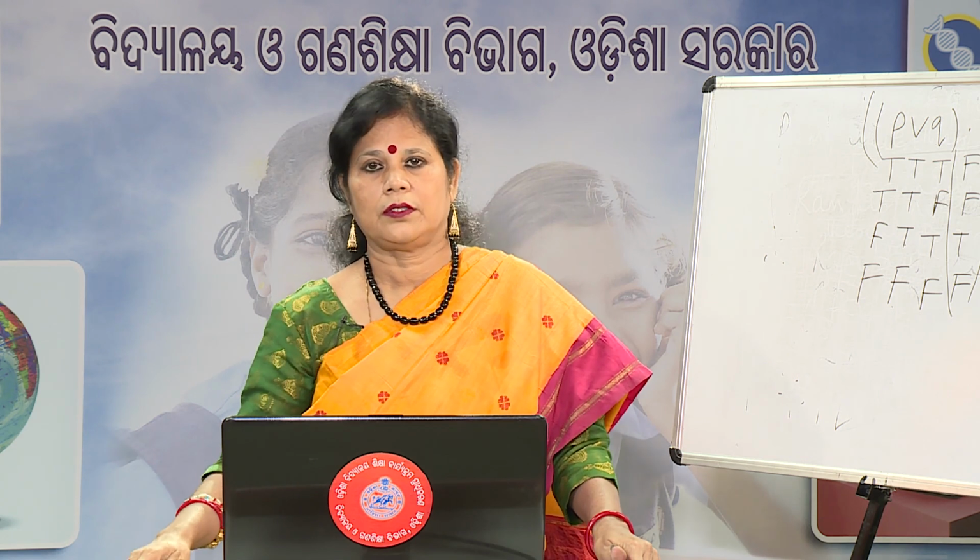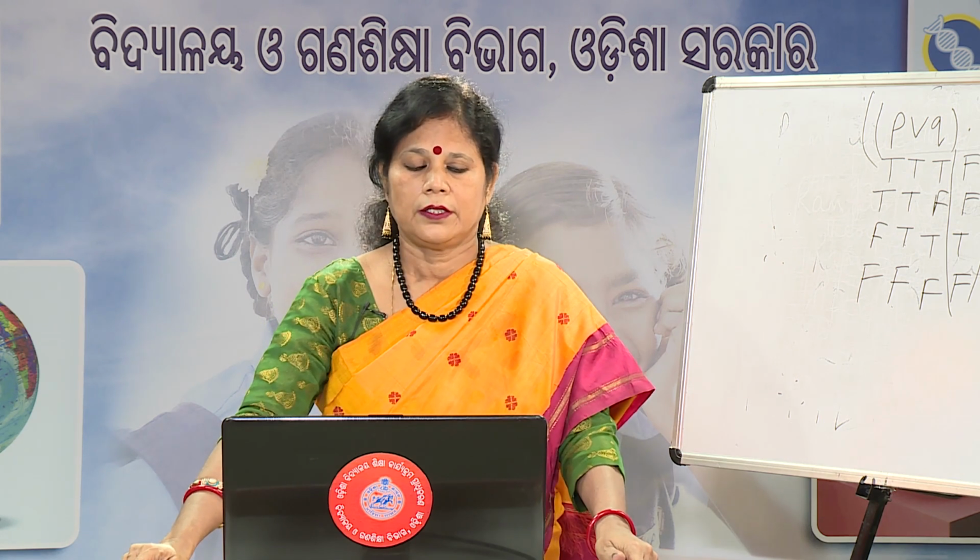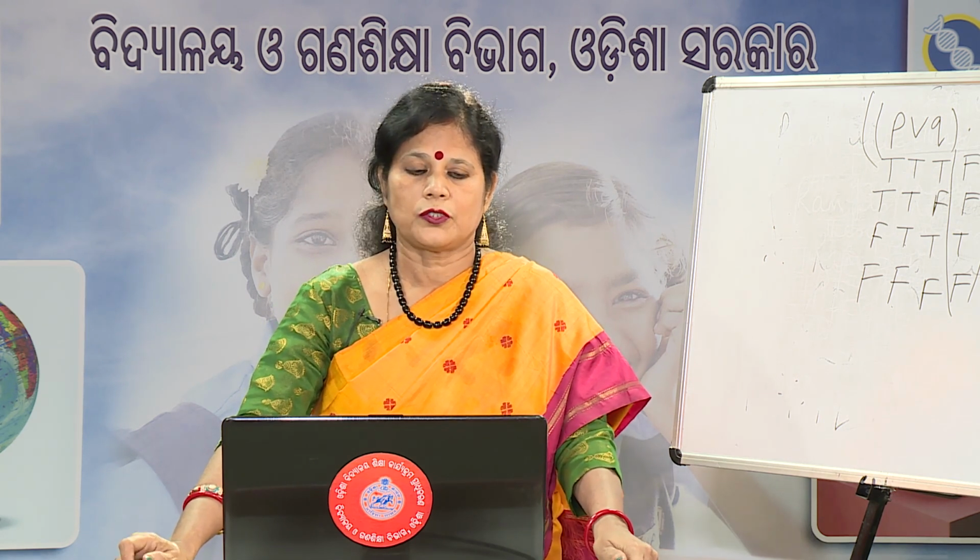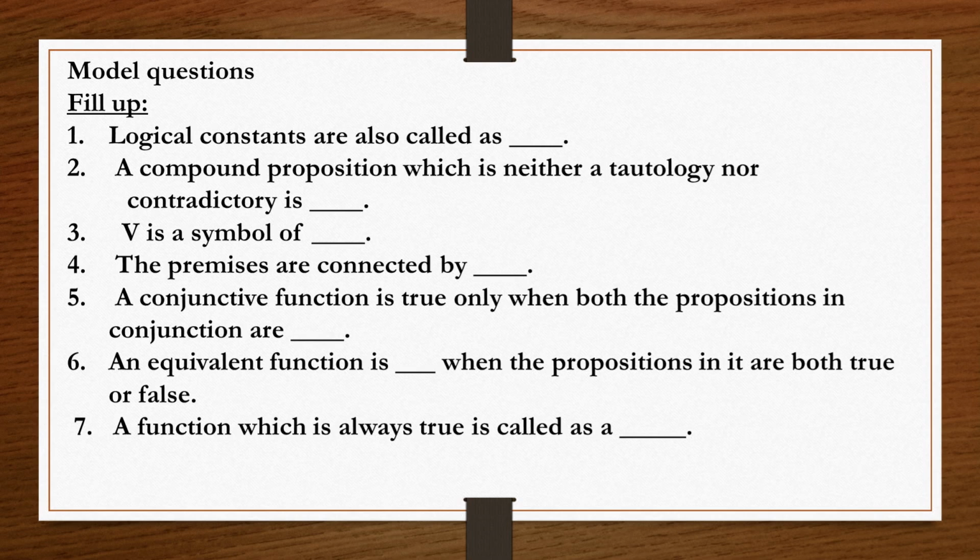So some questions are there. We will discuss a few questions. Logical constants are also called logical connectives. A compound proposition which is neither a tautology nor contradictory is contingent. V is a symbol of disjunctive function. The premises are connected by and.